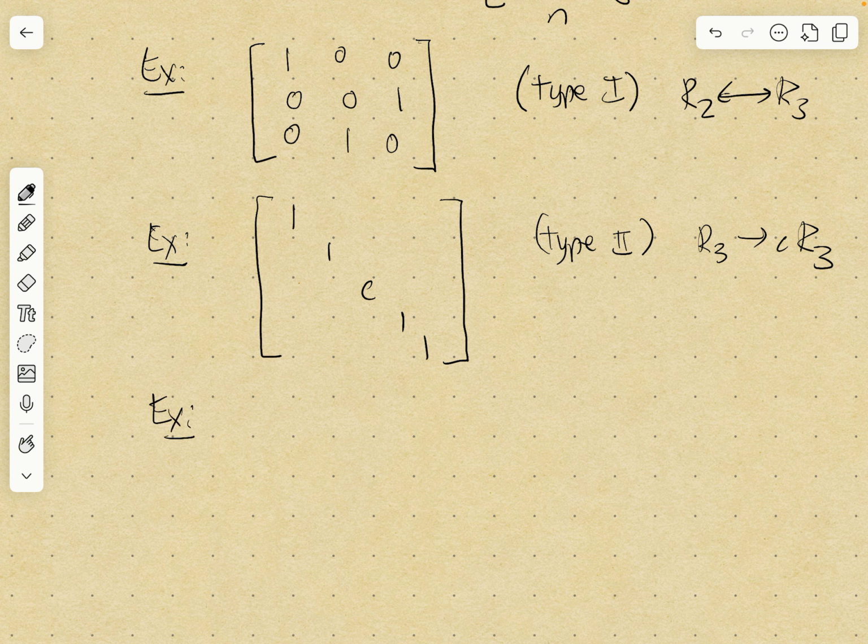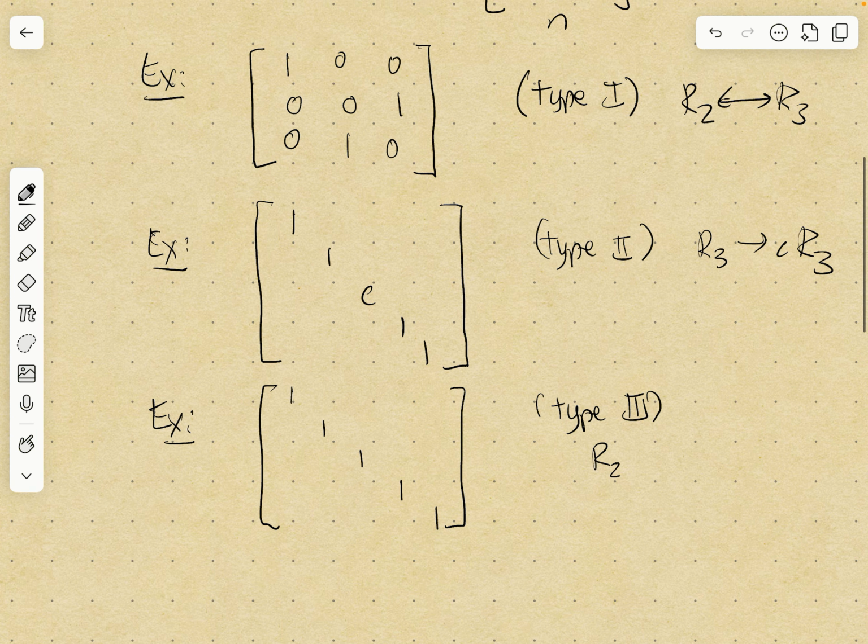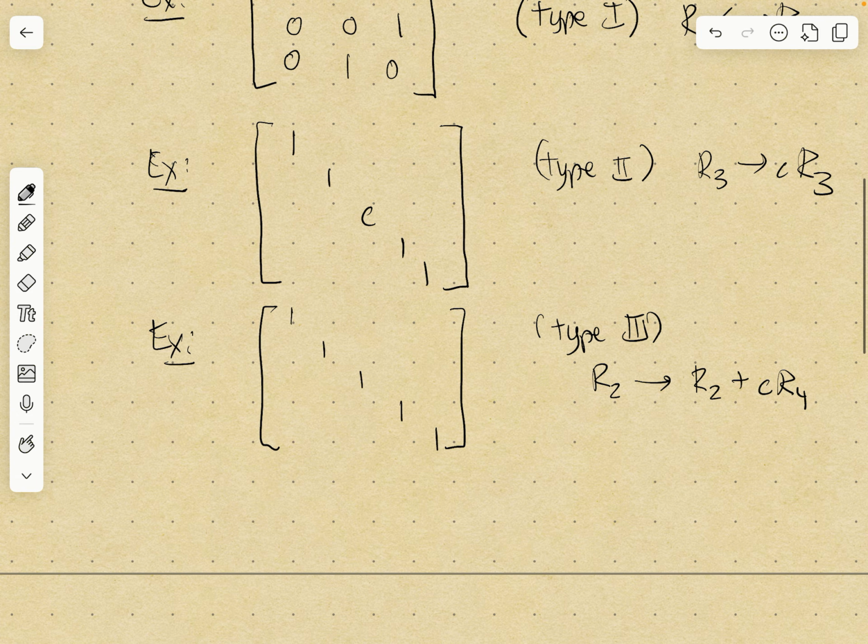And then if you take the 5 by 5 identity matrix and then apply a type 3 row operation, you could, for instance, replace row 2 by row 2 plus c times row 4, where c is whatever constant you want, then that's just going to put a c here.